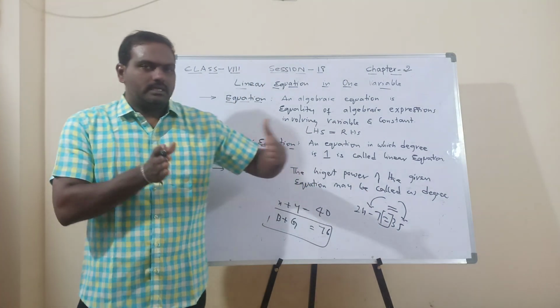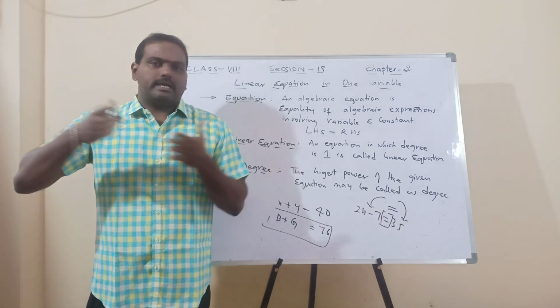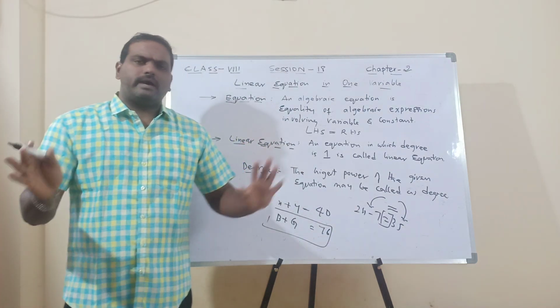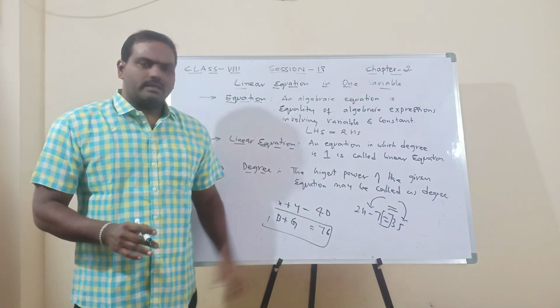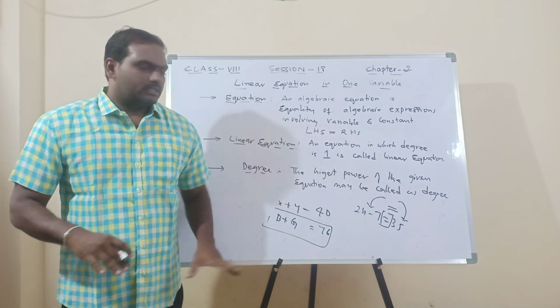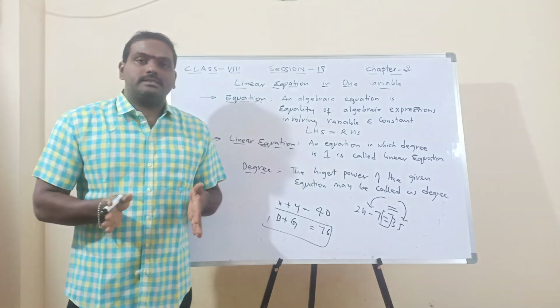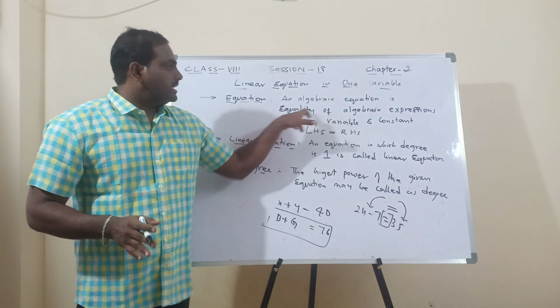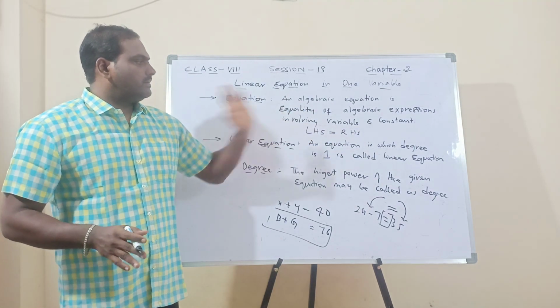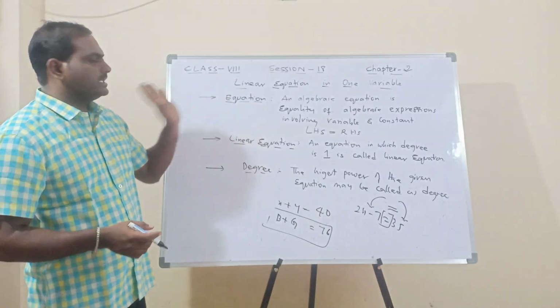So the left hand side must be equal to the right hand side. There is no restriction that it should have this value only or that value only. But the content is equality of expressions involving variables and constants. That is called an equation.